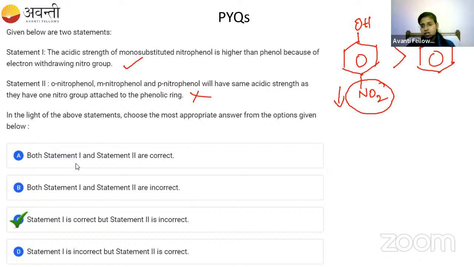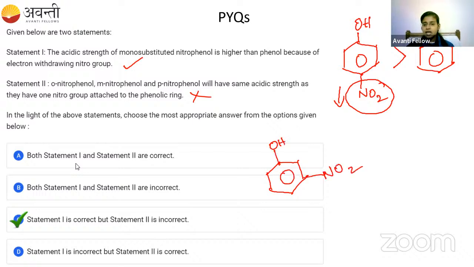Not only because of symmetry, it pulls the electron density more from the ring, making the ring electron deficient in nature. More electron deficient species are more acidic, right? So paranitrophenol will be more acidic. That electron pulling effect will be more in the para compound. But if you take ortho and meta, there is no such effect of having the nitro group at meta.